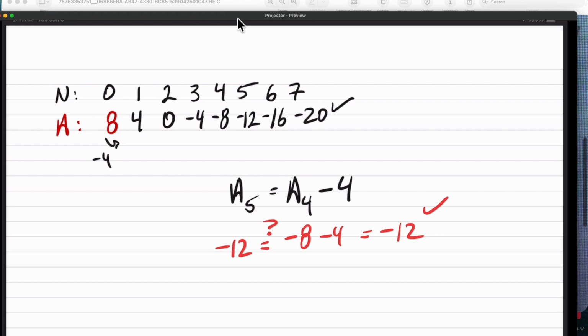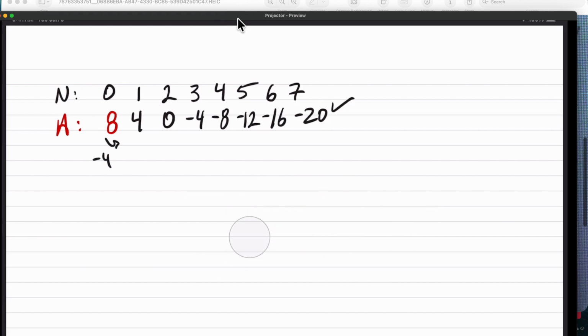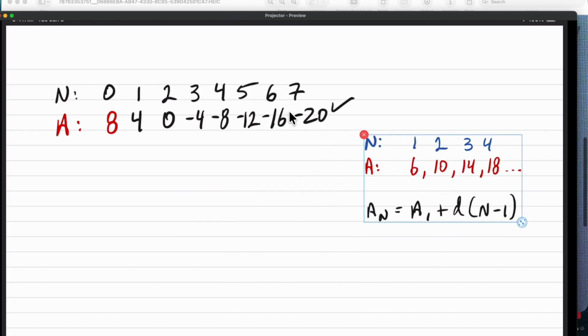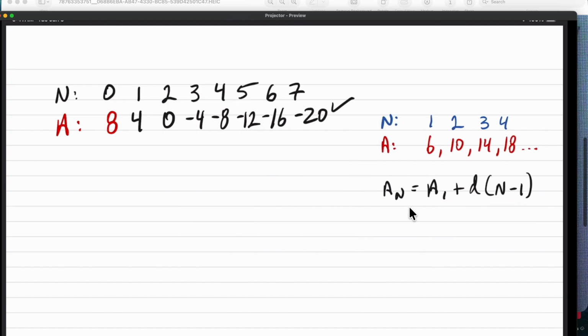Okay, folks, at this point, I want to go ahead and develop an explicit formula for this sequence. Now recall, in the last problem we did, this was our sequence. Now look at this. The explicit formula was as so: a sub n equals a sub 1 plus d times n minus 1.